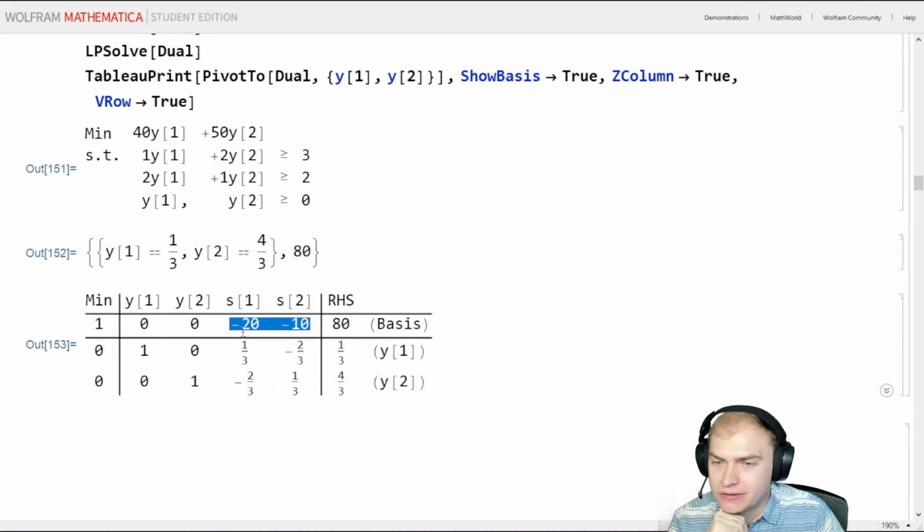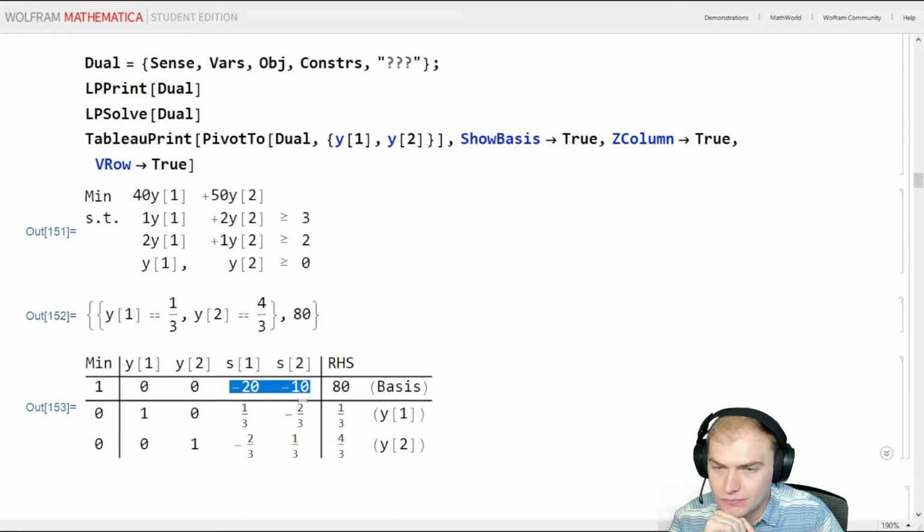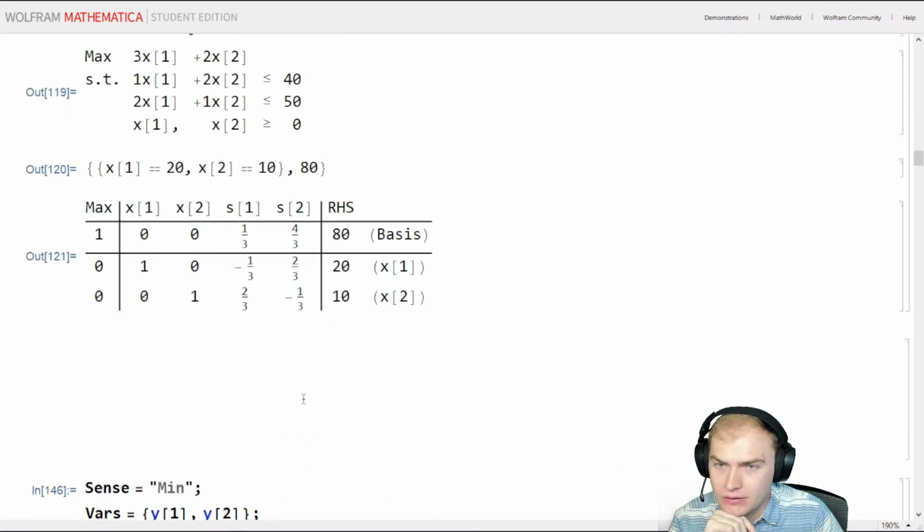And similarly, the reduced cost of the slack is the negative of the value of the primal.